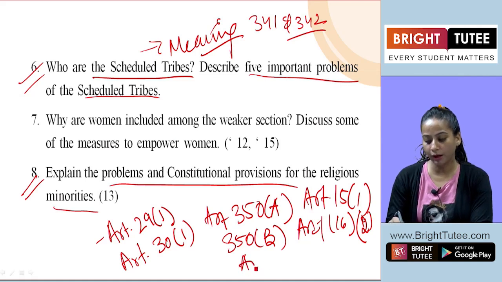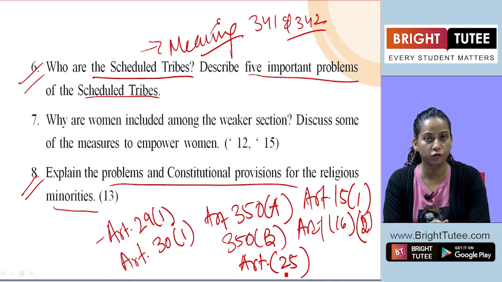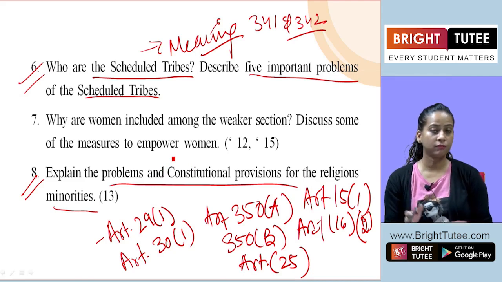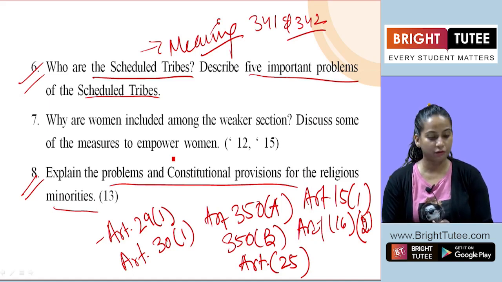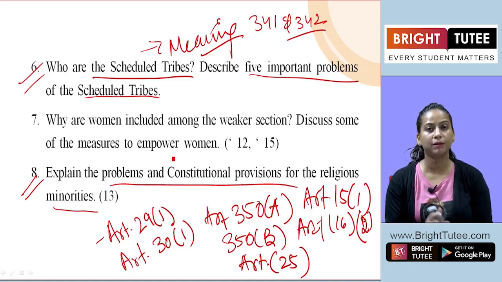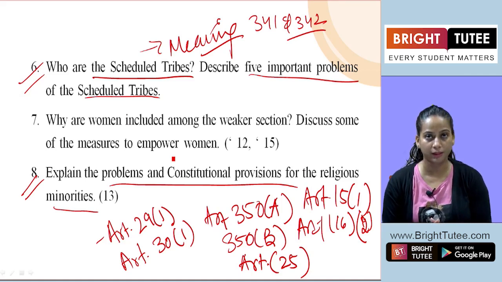Then according to Article 25 that is given in our constitution, you have to explain that they have the freedom of conscience and free profession, practice and propagation of their own religion. So all these are the provisions. So firstly we have discussed the problems related to these religious minorities, and then we can mention the provisions given to them for their protection.